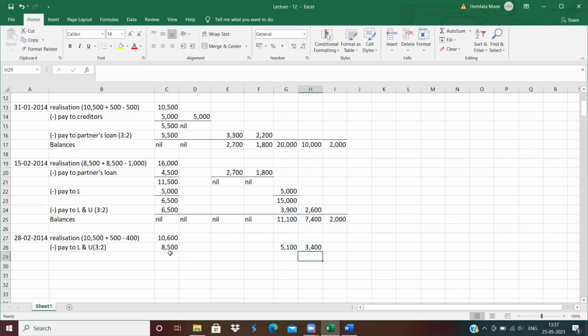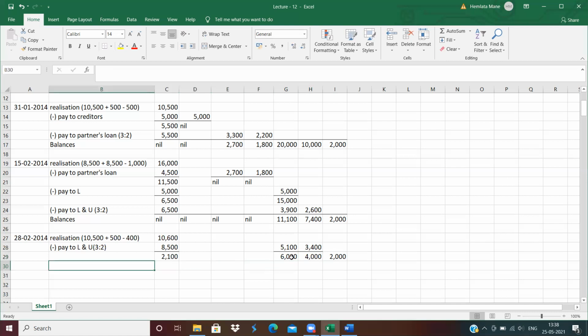So now write down the balances. 10,600 minus 8,500, how much the balance? 2,100. Then L's loan 6,000, U's loan 4,000 and M's loan 2,000.